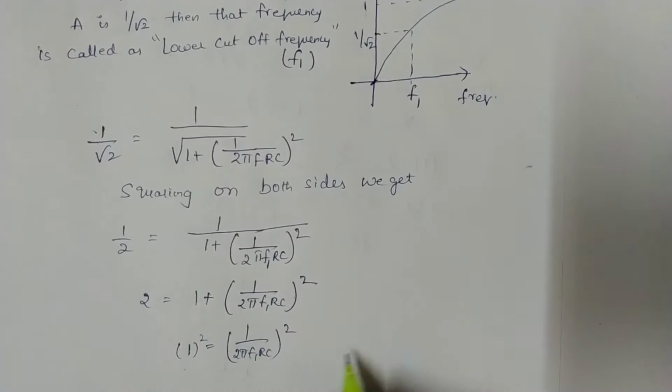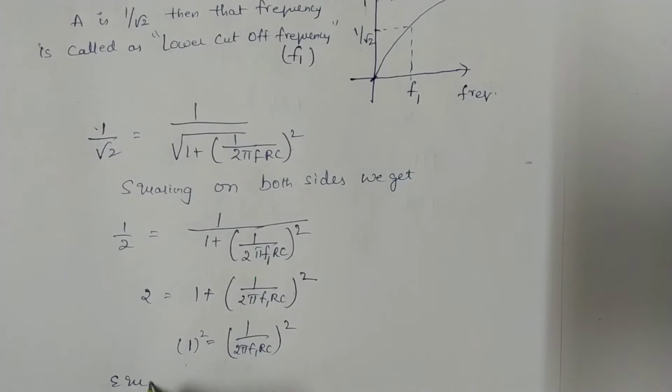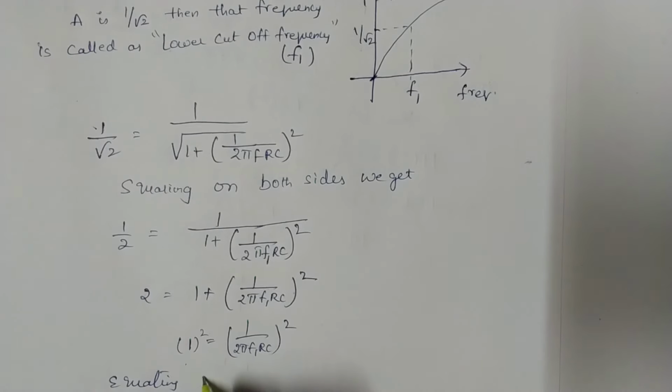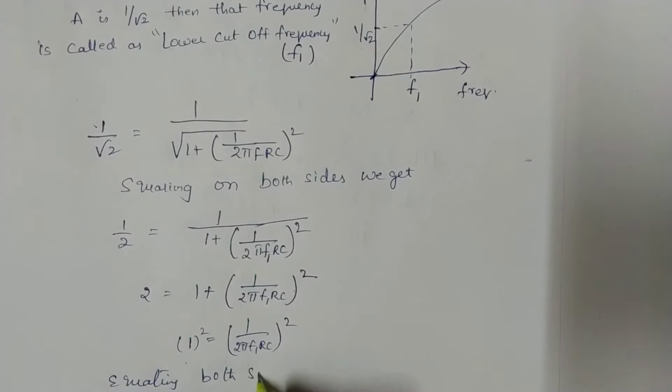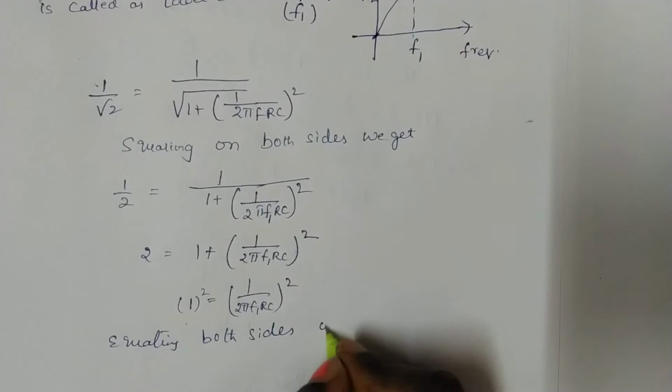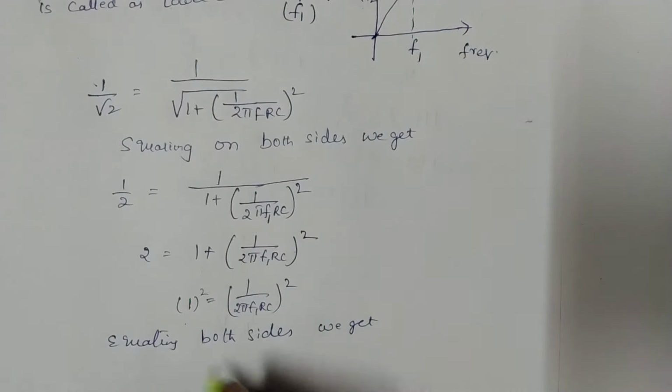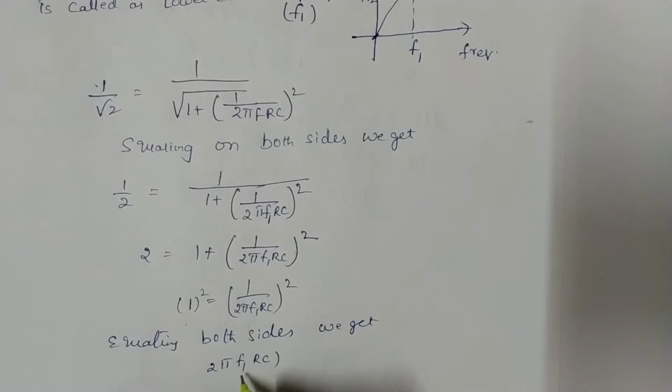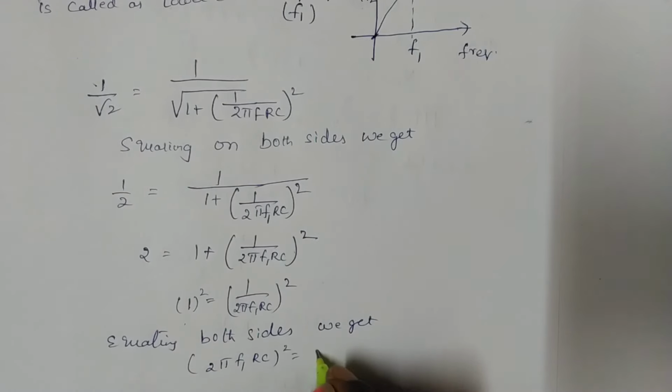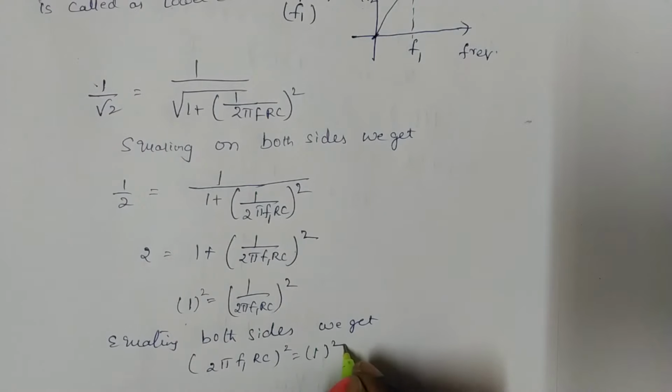Equating both sides, we get (2 pi f1 RC) whole square equals 1 square.